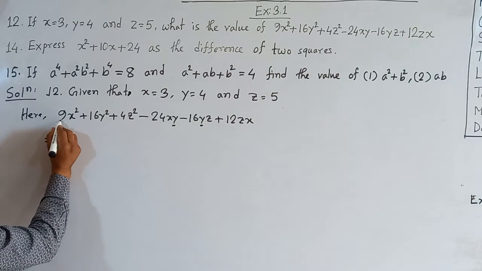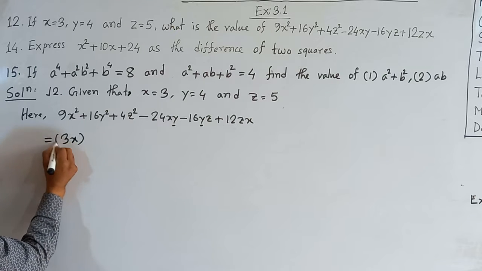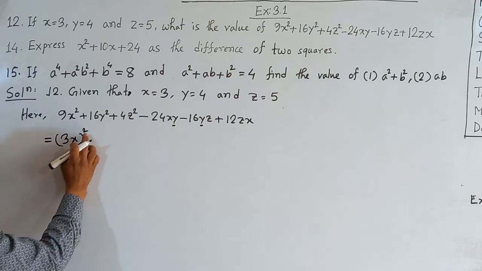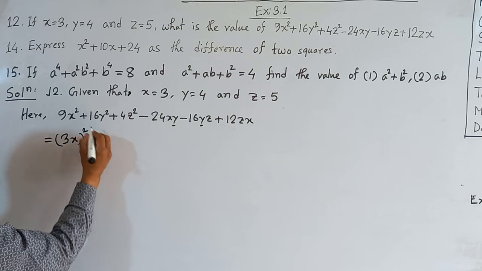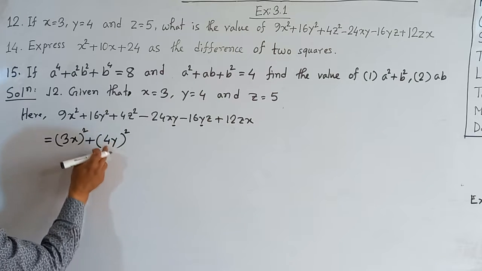How? Look, it is 9x squared. We can write it as 3x whole squared. We'll get back 9x squared. So it will be our a squared. Then we should write 4y whole squared, which will be our b squared.